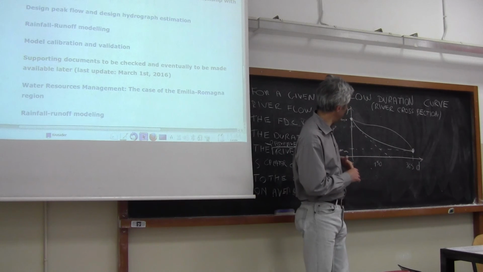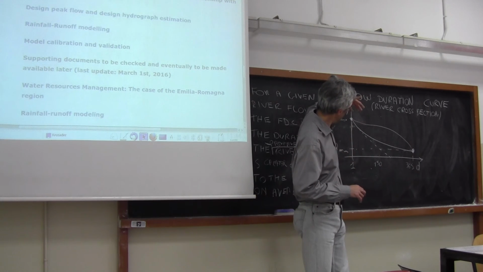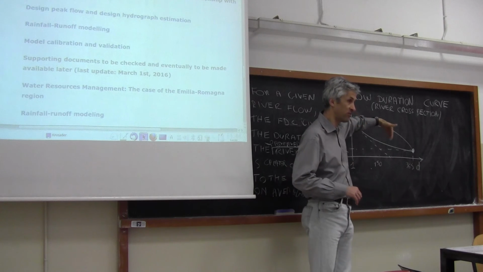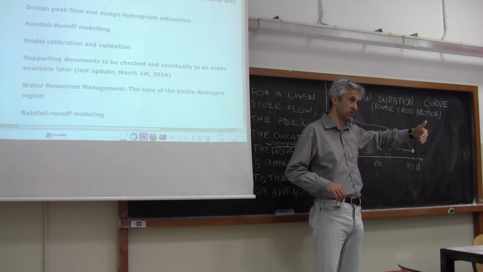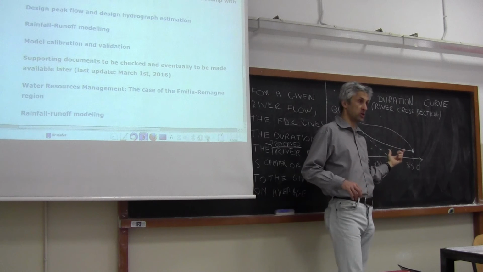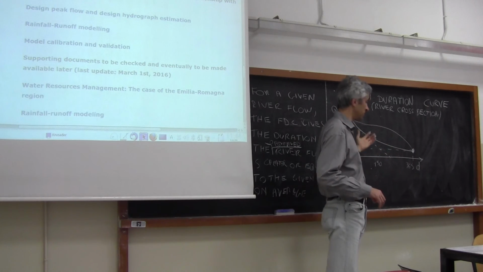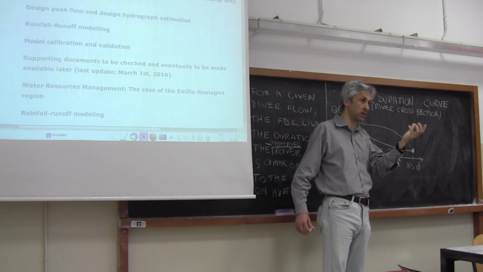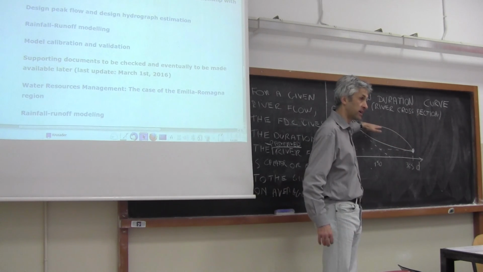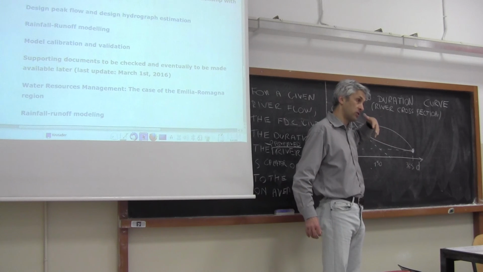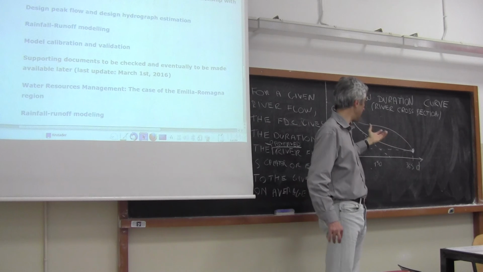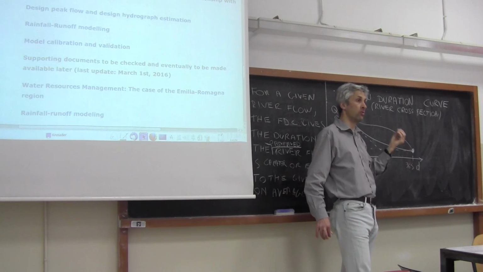And basically, look at this curve. The white one is giving lower values of discharge for the same duration. The red one is giving higher values of discharge, which means that discharge multiplied by duration is a volume. The red curve corresponds to a higher flow volume. So the area below the curve is the flow volume.